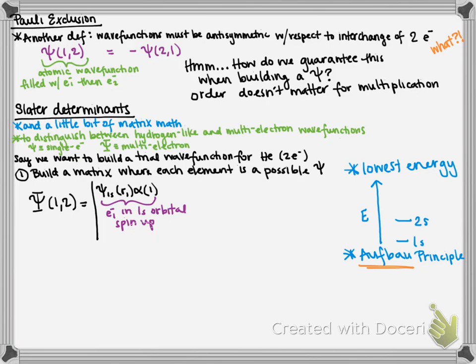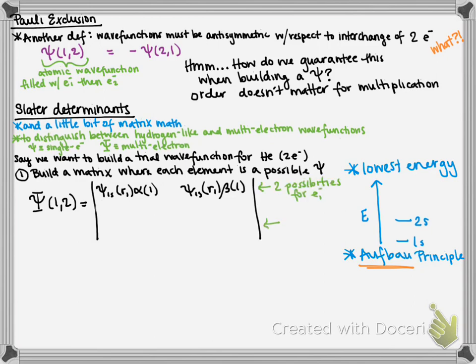This is electron number 1 because we have a 1 here and R1 here. So this is our first electron, in a 1s orbital, and it is spin up. That's one option. What is another option for that very first electron? Well, it could go spin down. It could be in the 1s orbital, but have the opposite spin, so it could have beta spin.